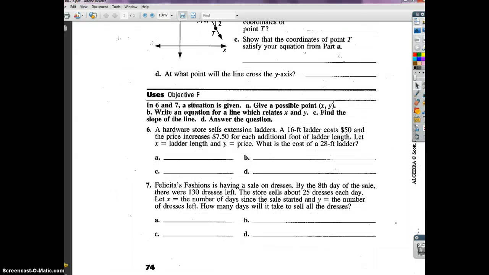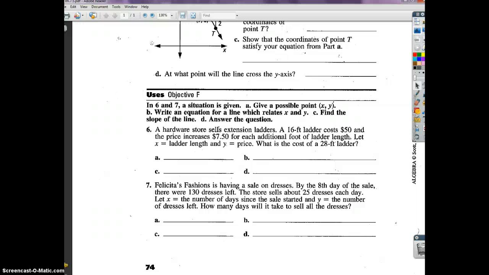Okay, 6 and 7, a situation is given. A hardware store sells extension ladders. A 16-foot ladder costs $50 and the price increases $7.50 for each additional foot of ladder length. Let x be the ladder length and y the price. What is the cost of a 28-foot ladder?